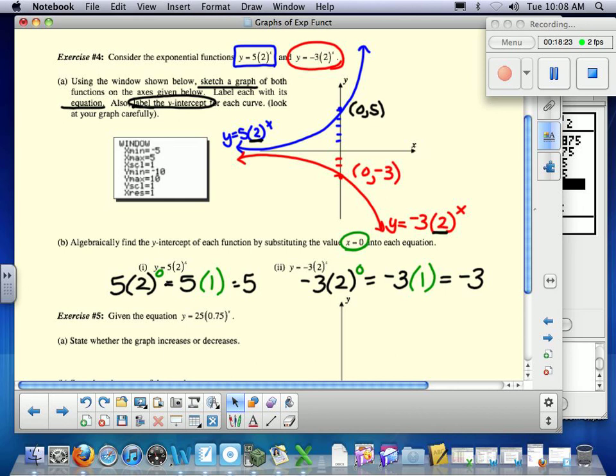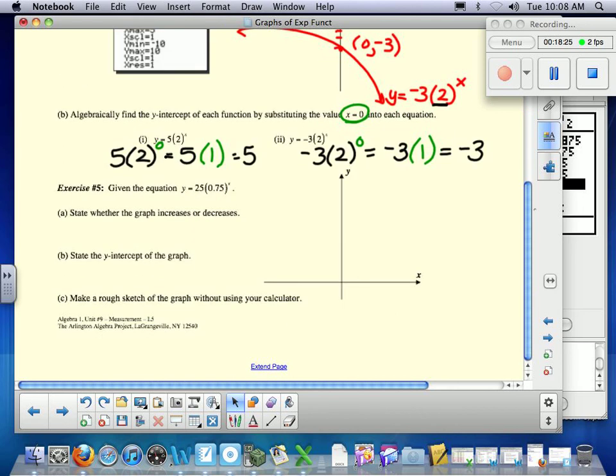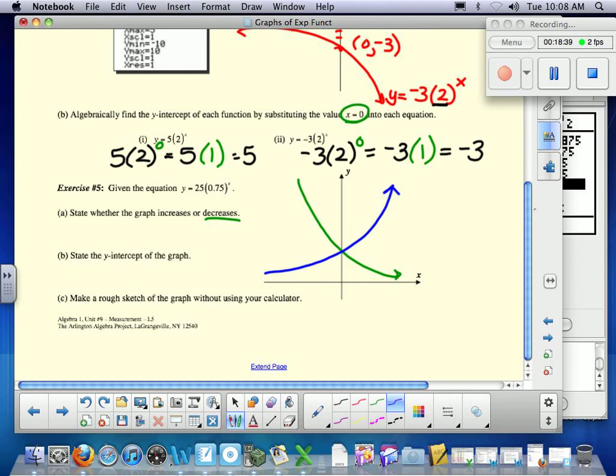Nice, okay. So what can we talk about here in number 5? Can you tell me if this graph is going to decrease, so decrease is in green, or increase? It's going to decrease because of the decimal. Okay, we're going to look at this and think about what we did on the front. If it's a fraction or a decimal, it's a decrease.